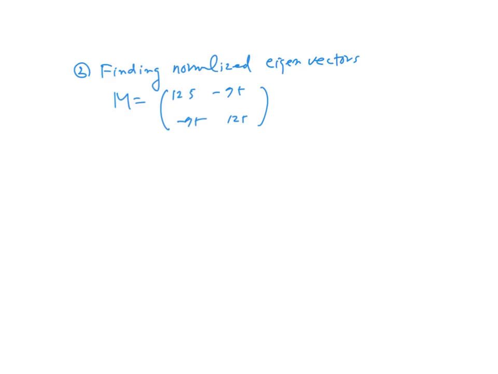We don't need this anymore, so let's delete this. Lambda 2 was 200, and so M times lambda 2, you can again use x, y. Am I going a little too fast?